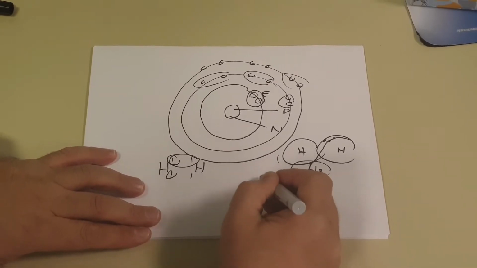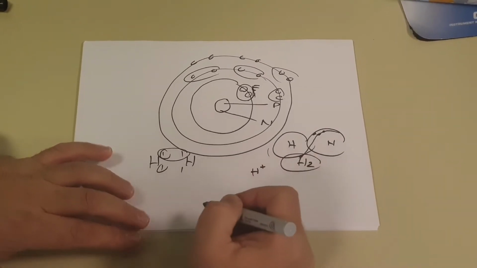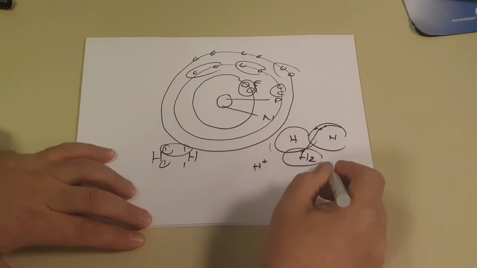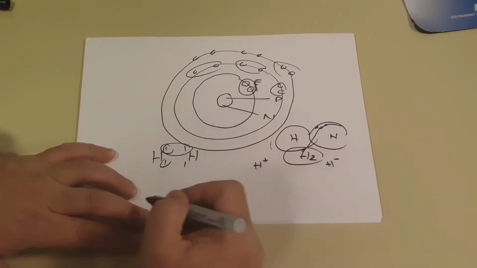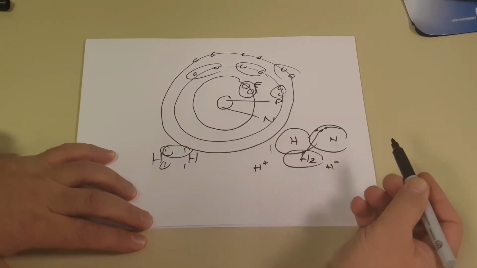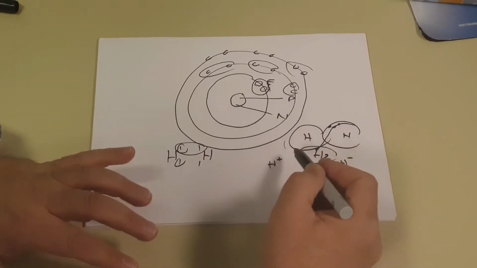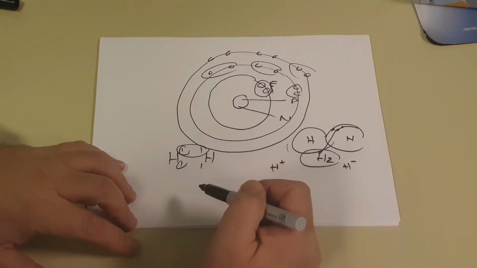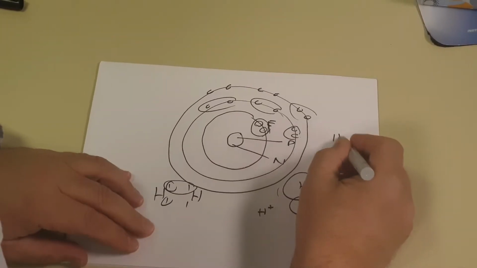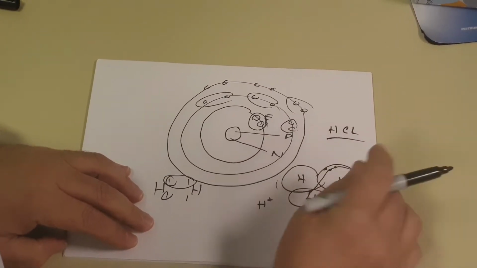So it becomes an H positive unit, whereas this one here becomes an H negative unit because it has more electrons in it.